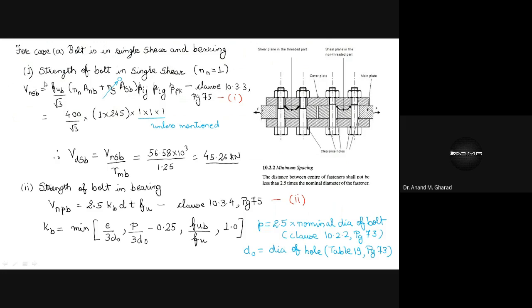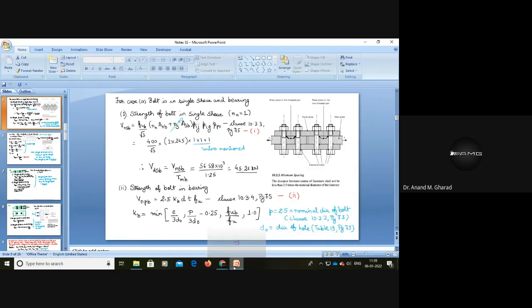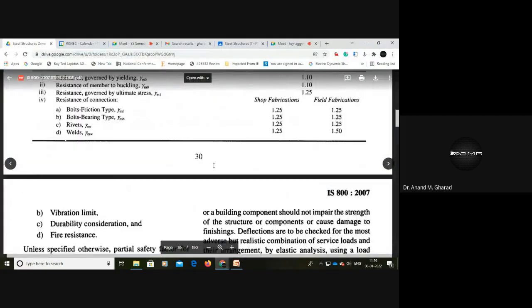We need to check what is the exact strength of the bolt in single shear. For this, you will find one formula given in your IS 800 2007. Please refer clause number 10.3.3, which is given on page number 75. I will discuss this. Page number 75.